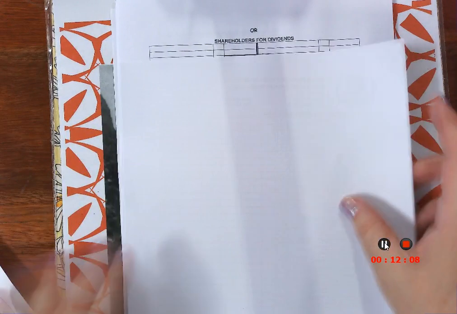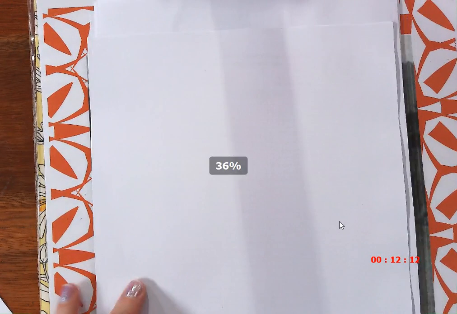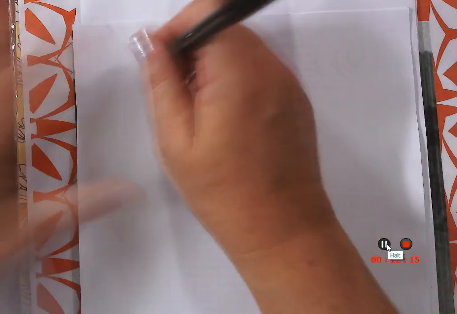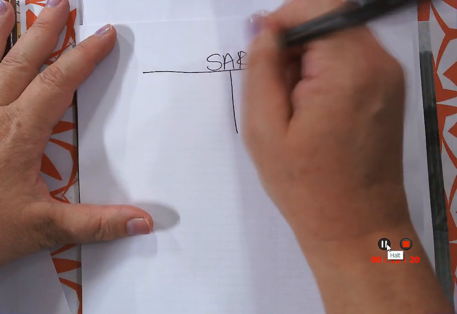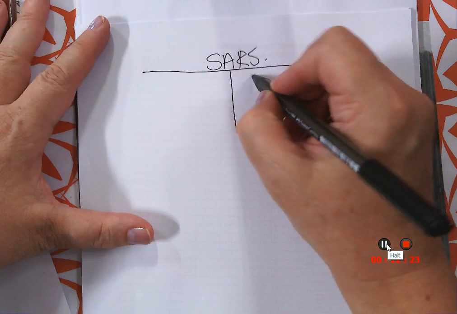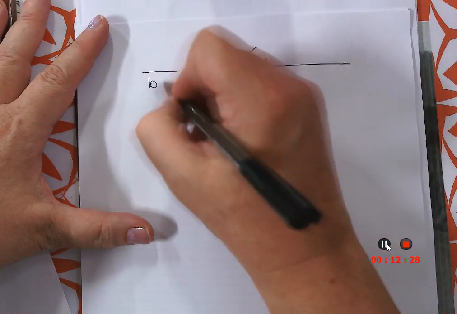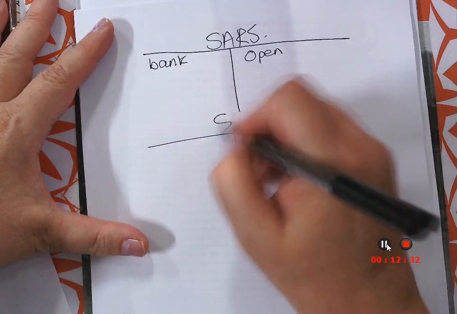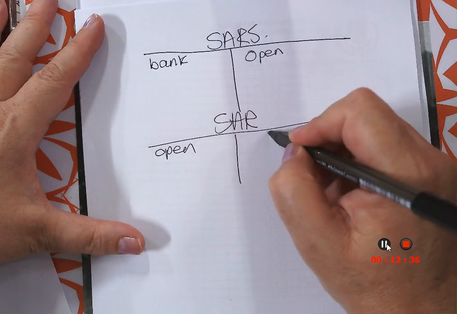So when I do SARS, I want to do the tax paid. Here we go. Remember it worked like this. I had an opening balance either side, right? And then I paid it. Or I had an opening balance and then SARS paid me, right?